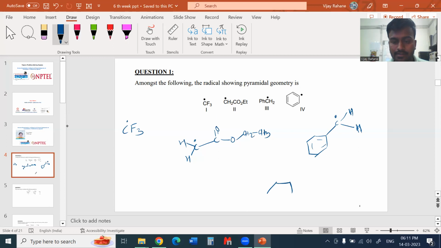This Ph radical lies in the plane of the benzene ring and is perpendicular to the pi orbitals. For the sake of understanding, I will draw it like this.